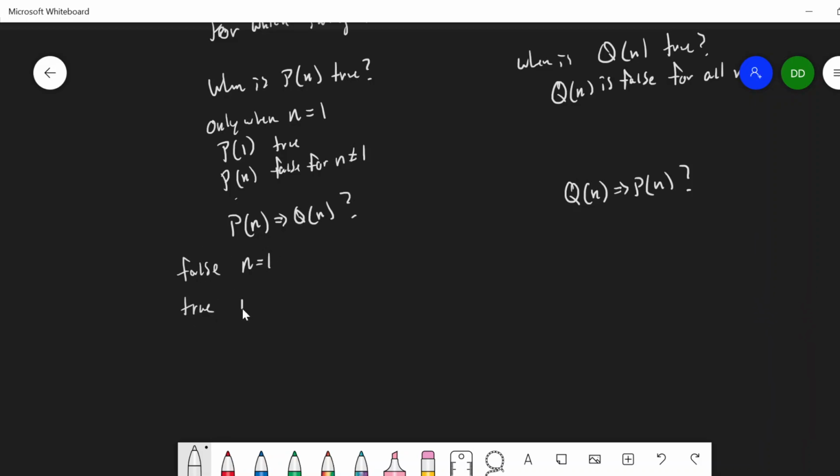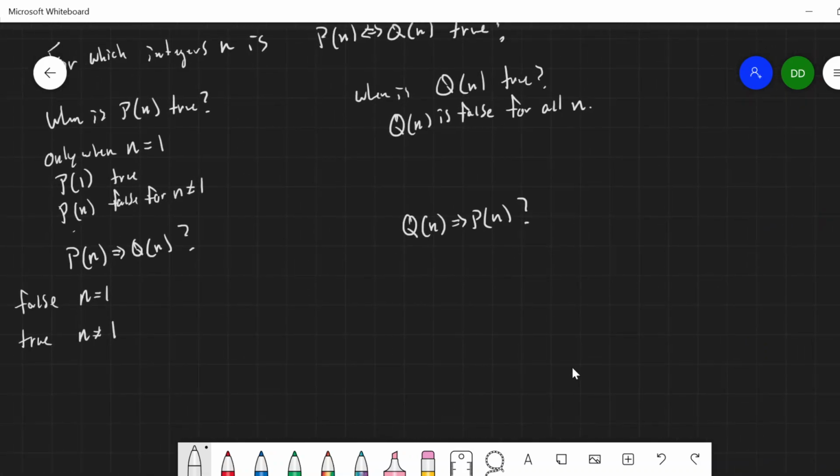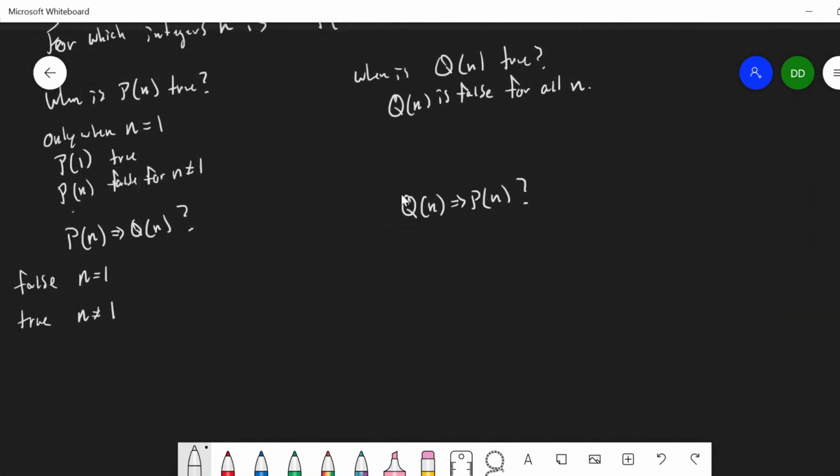So it's true when n is not equal to 1. How about Q of n implies P of n? Now my hypothesis is Q of n, and my conclusion is P of n. I want to know, whenever Q of n is true, does it follow that P of n is true? Well, Q of n is never true, and so this is true. There's nothing to check. There's nothing to enforce. True for all n.